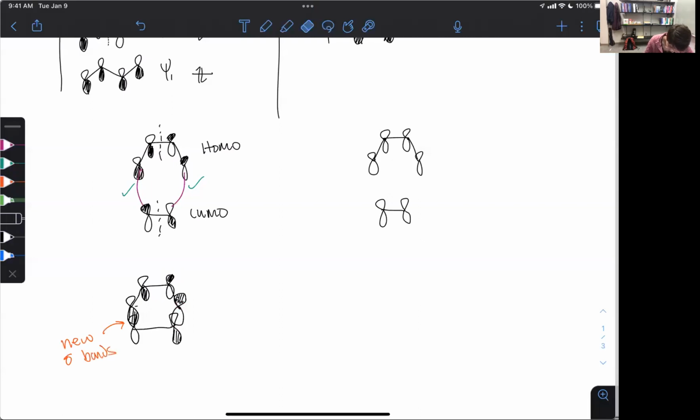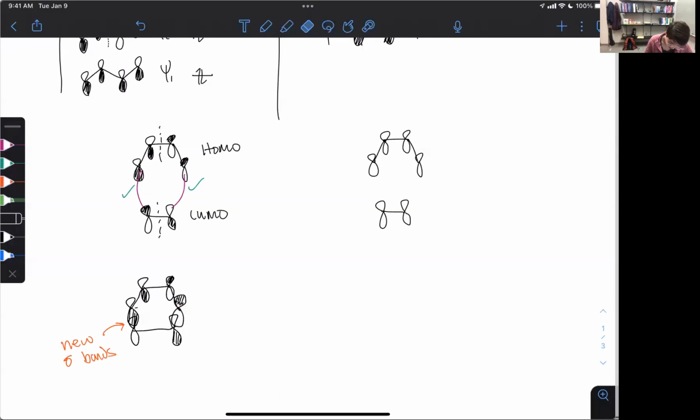And I'm actually going to try redrawing that because I just don't like the way that turned out. I'm going to draw them more as sp3 hybridized orbitals, and I think that'll look a little bit nicer.